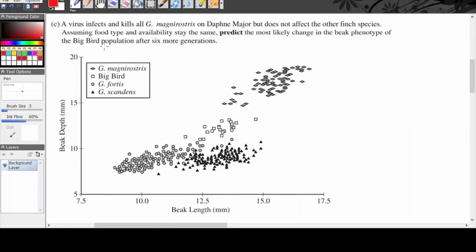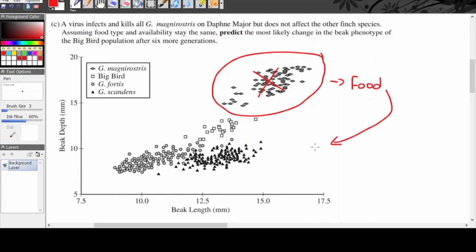Part C says, a virus infects and kills all G. magnirostris on Daphne Major, but does not affect the other finch species. Assuming food type and availability stay the same, predict the most likely change in the beak phenotype of the big bird population after 6 more generations. So, since the magnirostris population no longer exists, that means the food that they used to eat is now available for the other birds to eat.